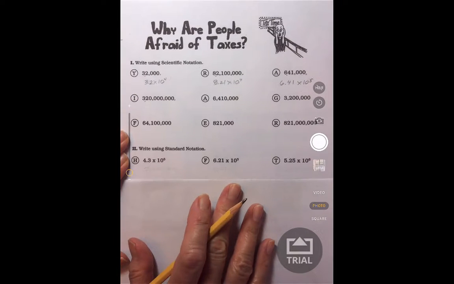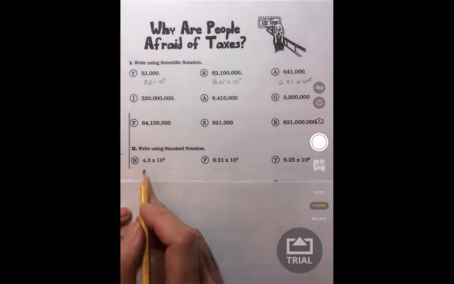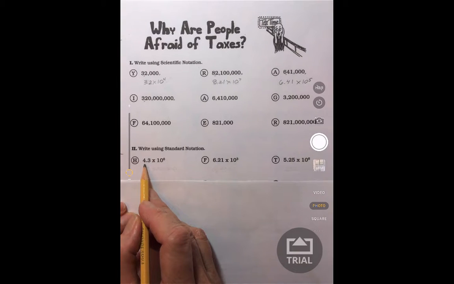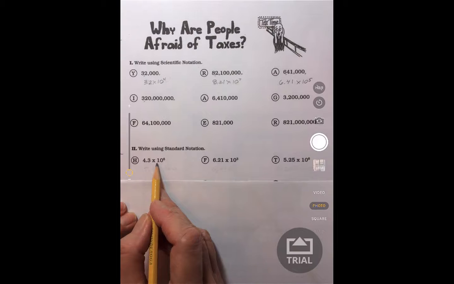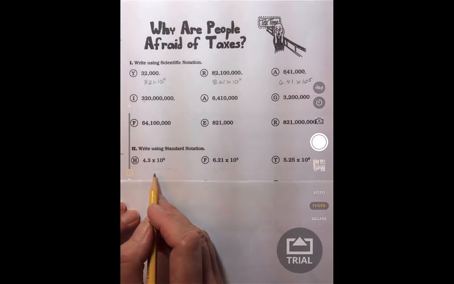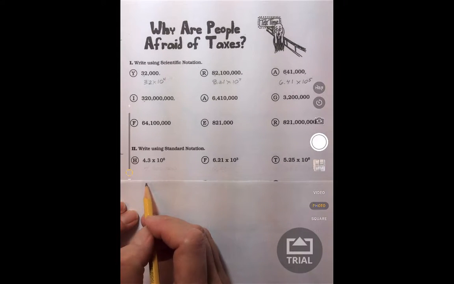So again, quick review of scientific notation. There are two factors. The first factor is smaller than 10 and larger than or equal to 1. The second factor is a base 10 number that has as an exponent the number of place values that would go back into this number if we multiplied these together.